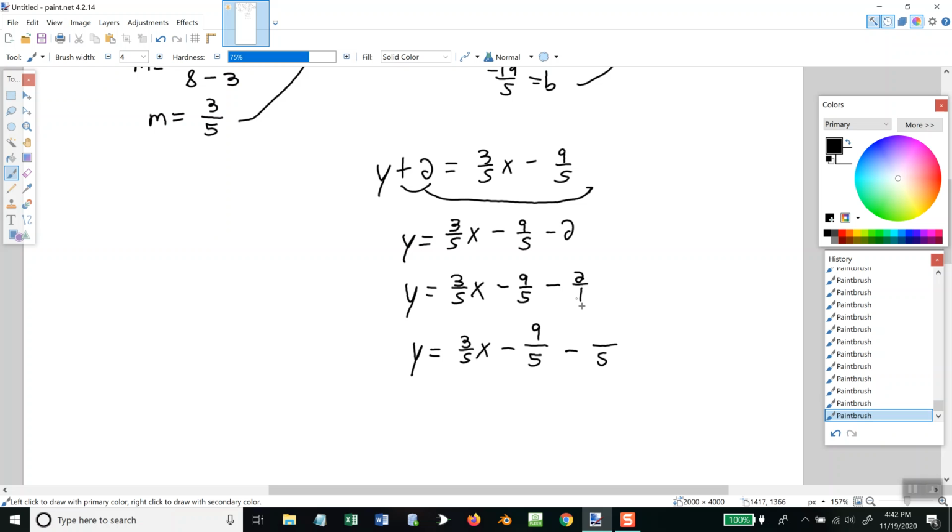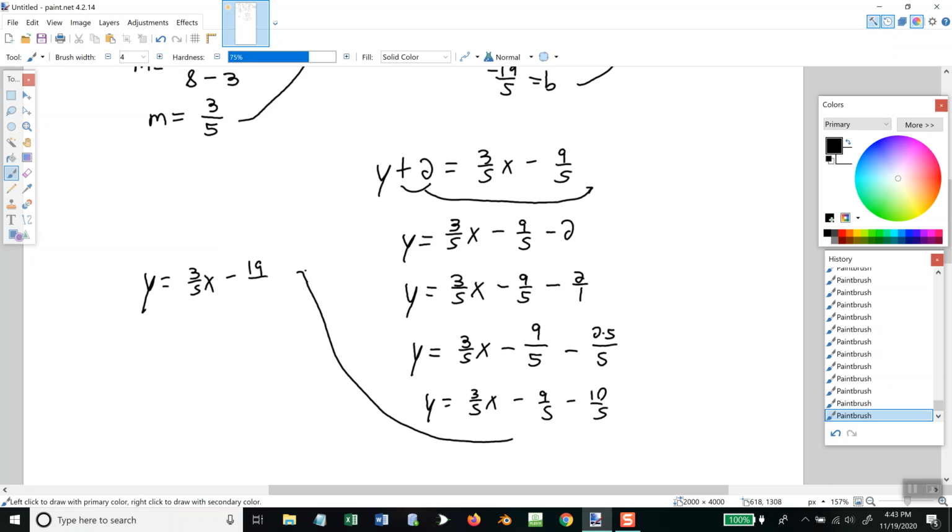Now here I'll look at my old denominator and ask what did I multiply it by to get my new one. I multiplied by 5, so I have to multiply top part by 5. So I get y is equal to 3/5 x minus 9/5 minus 10/5. Now, since they have the same denominator, I'm going to add or subtract numbers up on top. Negative 9 and negative 10 is negative 19, so I got minus 19/5.